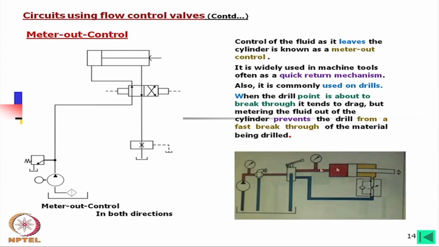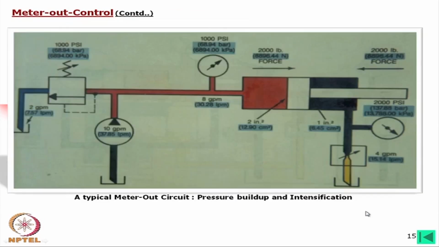Now, this is again a meter out circuit. You can see how there is pressure on this side and low pressure on this side, because of this flow pressure will still be generated. If we do not use this one, no pressure will be there, but if we use this flow control valve, there will be pressure as well as the motion will also be controlled.